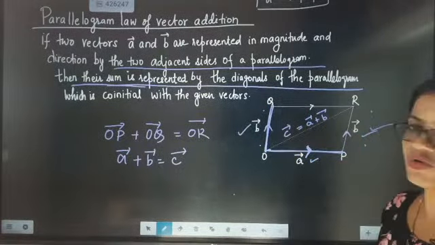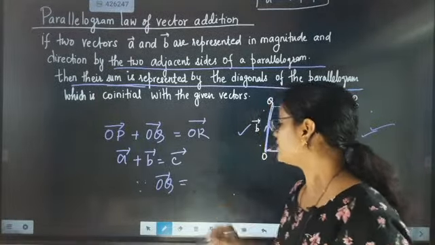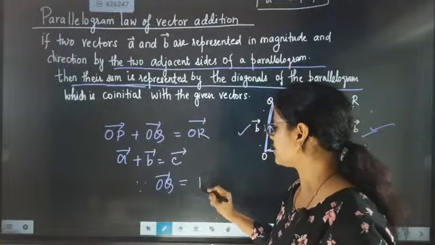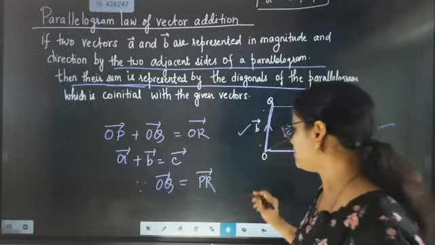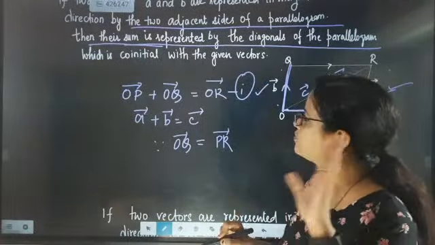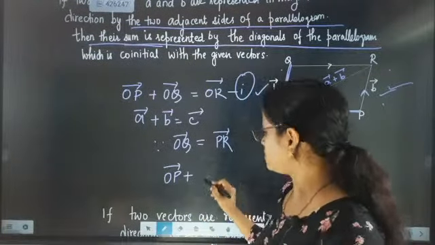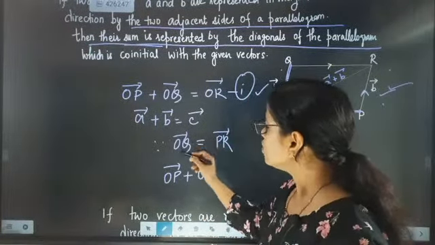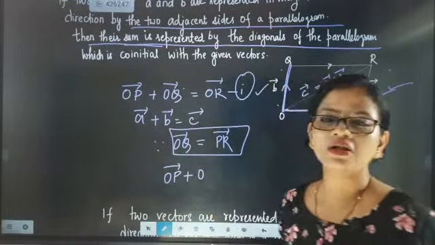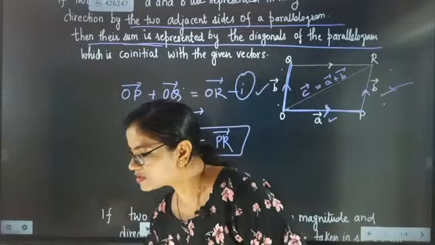You see, the direction is the same for those. So since we know that OQ vector will be equal to PR vector, very cleverly what we are going to do is, in this equation 1, we are just going to remove OQ vector and write it as OP vector plus PR vector instead of OQ, because OQ is exactly equal to PR vector because of the properties of a parallelogram.